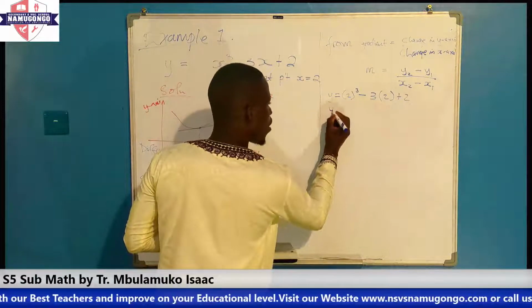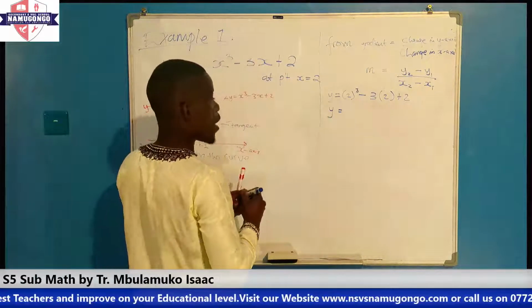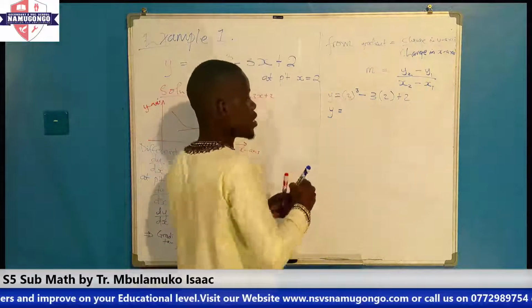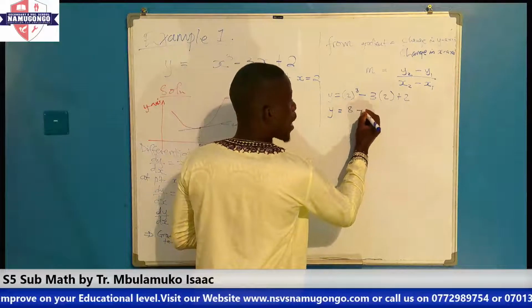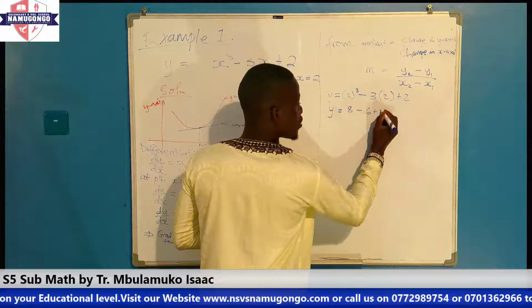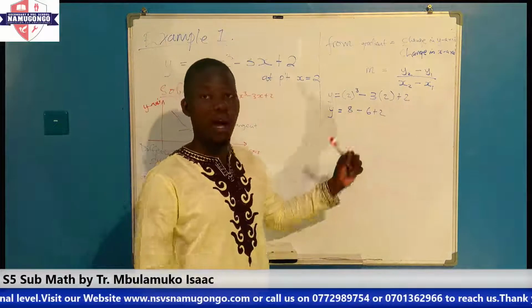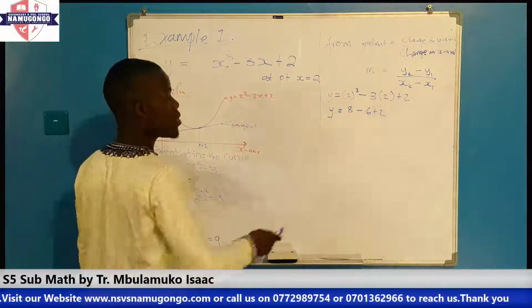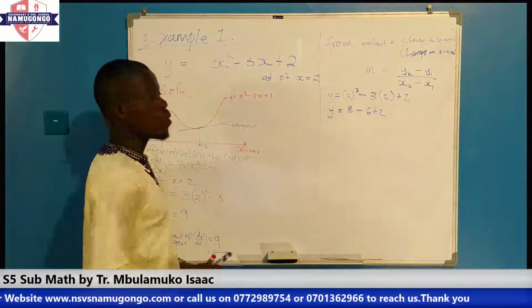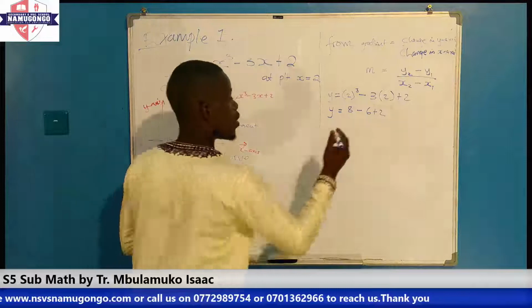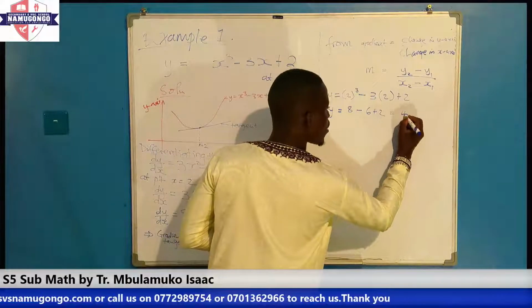Then we shall get our value for y there. So 2 cubed is 8 minus 6 plus 2. So 8 minus 6 gives 2, plus 2 gives 4. So our y is 4.